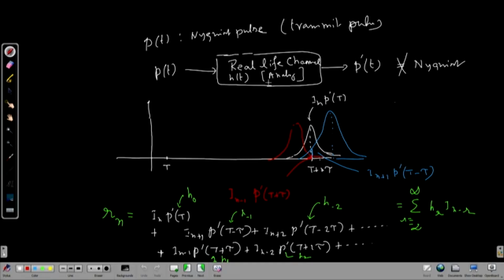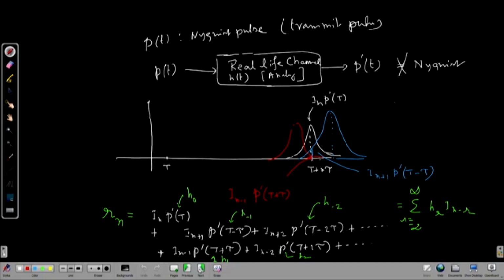But the channel is largely unknown to me, its property, that is impulse response, also changes from time to time. So, what is P prime T I do not know, therefore, what are these coefficients I do not know, remember. Okay. That is why in the end we will require adaptive filters, because these coefficients are not only not known, they change with time. All these H0, H minus 1, H minus 2, all that, H1, H2, all that, right.